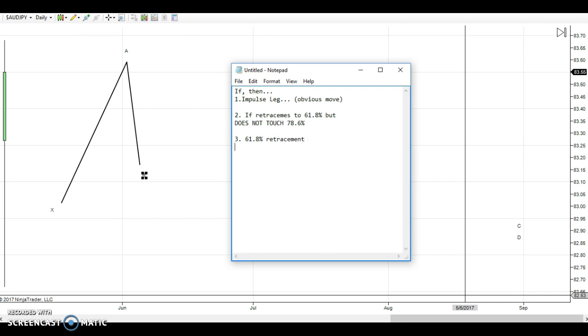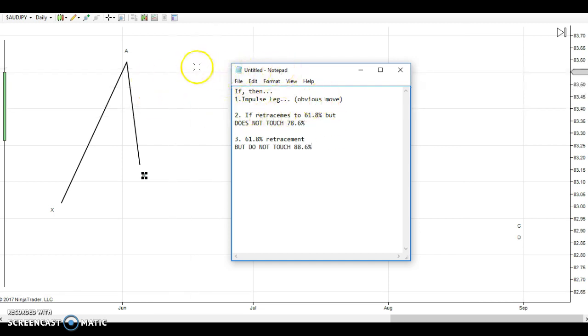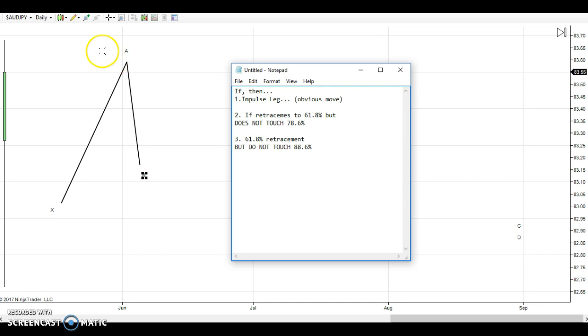But do not want to touch the 88.6% level. So let's go grab our Fibonacci retracement, and we want a retracement of A to B. So we want to come and retrace back up into the 61.8%, but do not want to touch the 88.6.